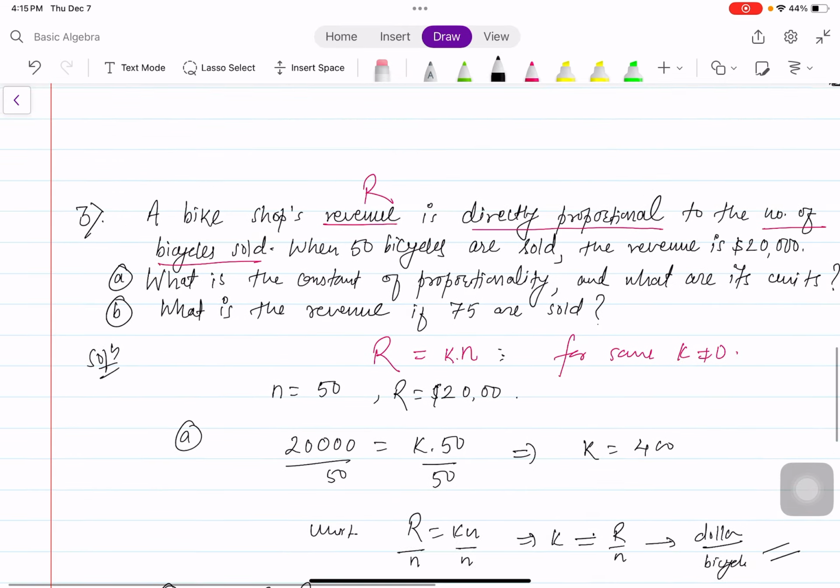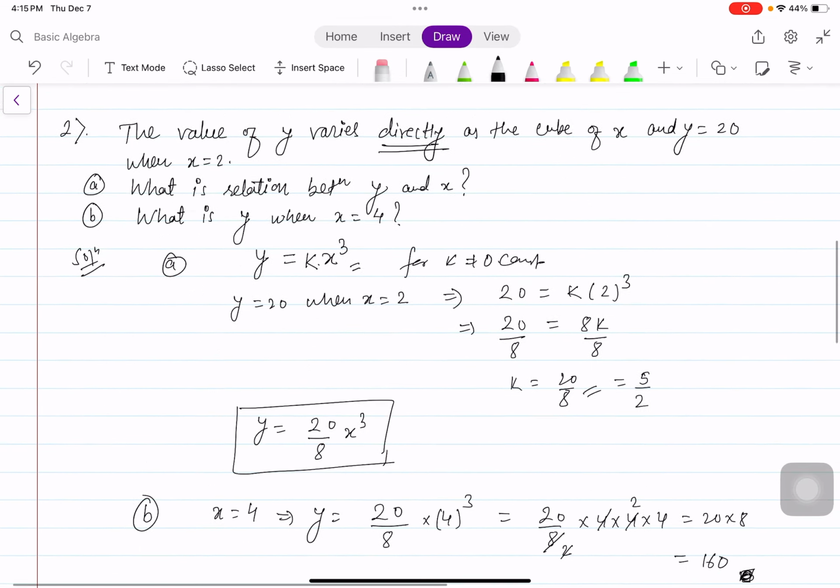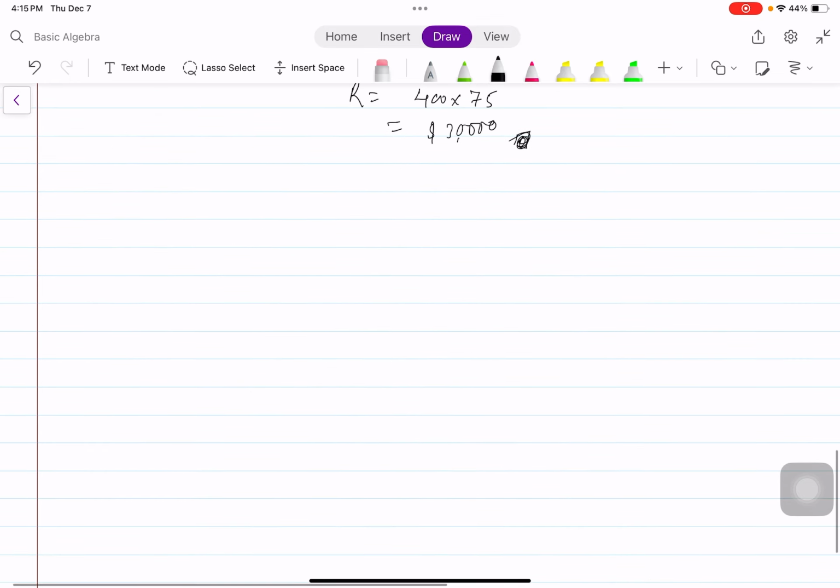So these were some application problems of direct proportionality. Similarly, we have another relation. I just want to discuss it briefly. I will not go in depth because we have another whole section coming on this. Inverse proportionality. When two quantities are inversely proportional, in physics they are written in this fashion.